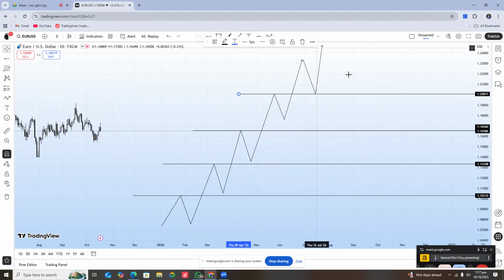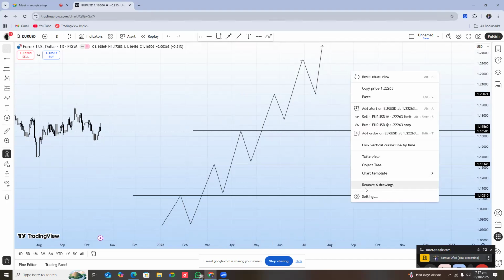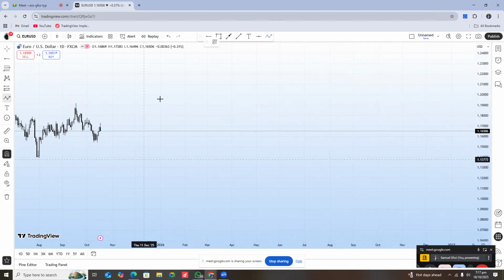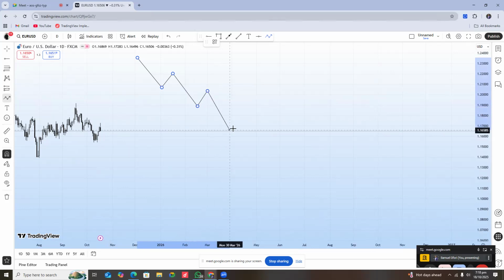Let's try and see what we will do for a downtrending market. Okay. So for a downtrending market, see the market is already coming from the top, right? It's coming from the top, right? Like this.